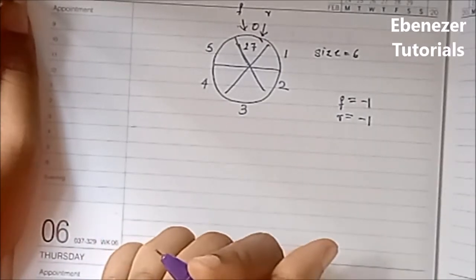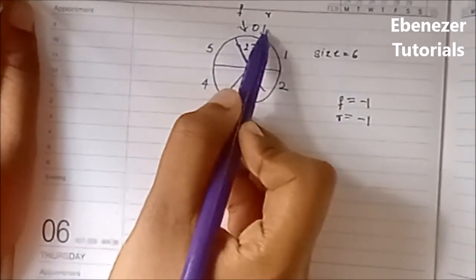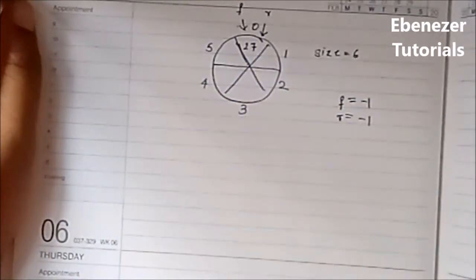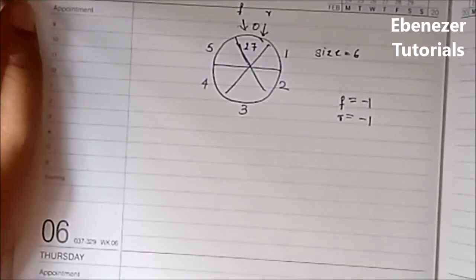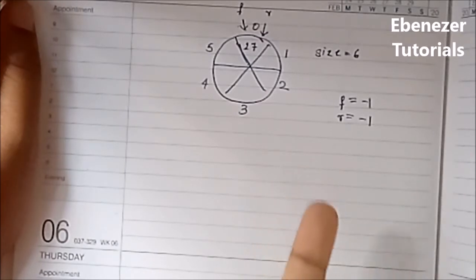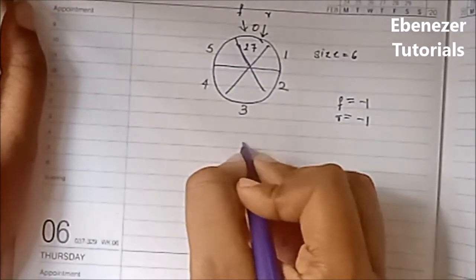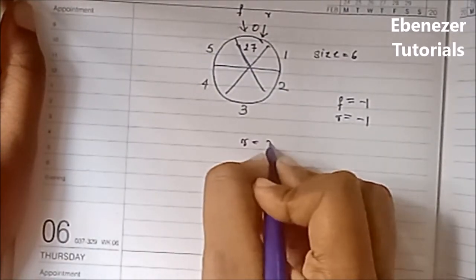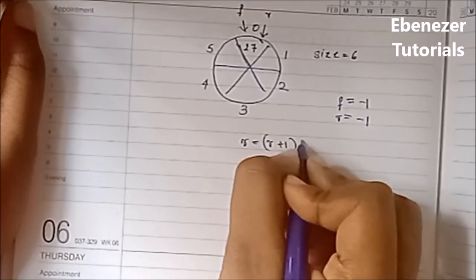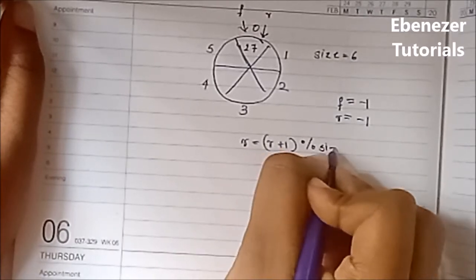Now I want to insert more elements. In a linear queue, we simply increment rear as rear equal to rear plus 1, which means we increment its value by 1. But in the case of a circular queue, the operation is written as rear equal to (rear plus 1) modulus of the size.